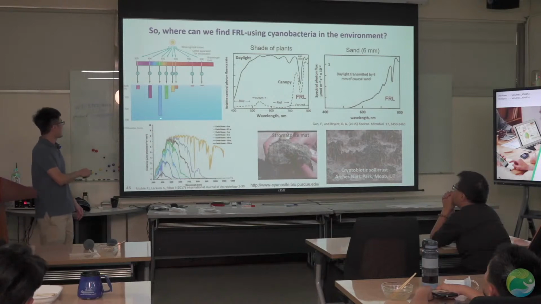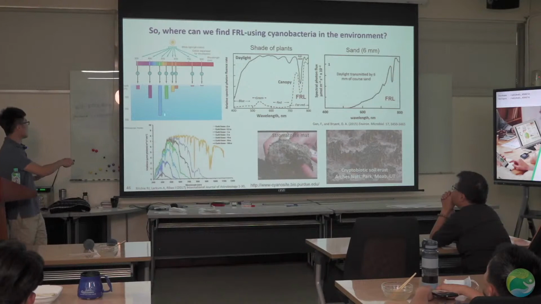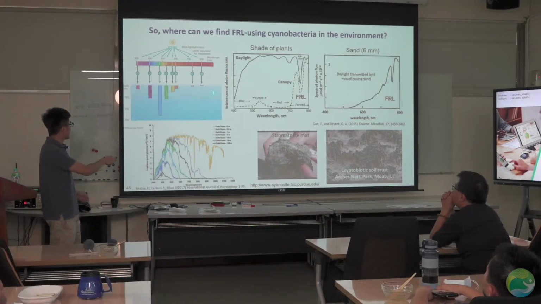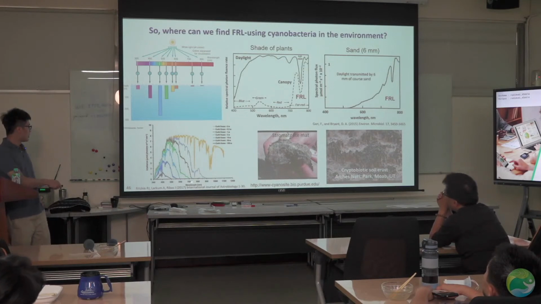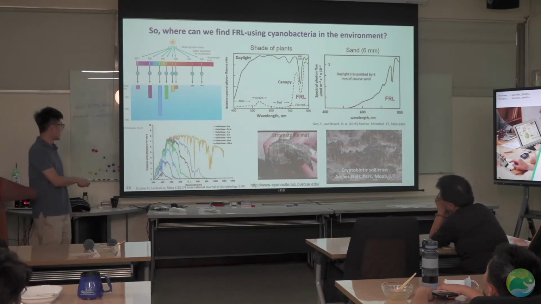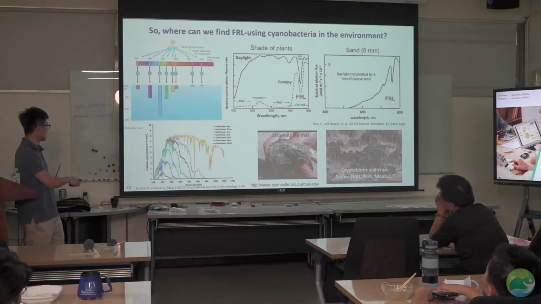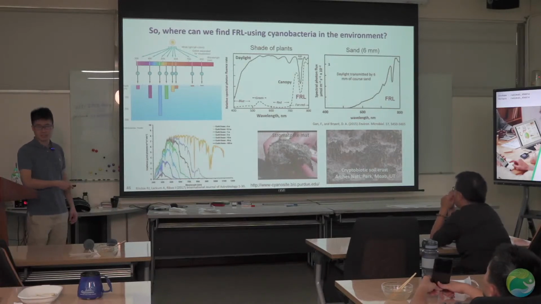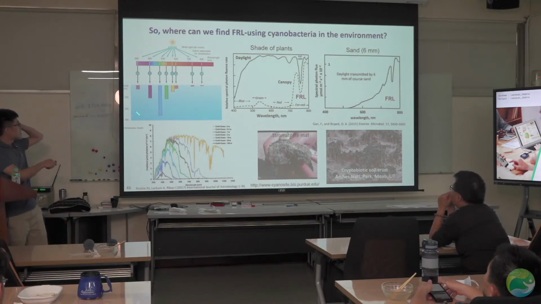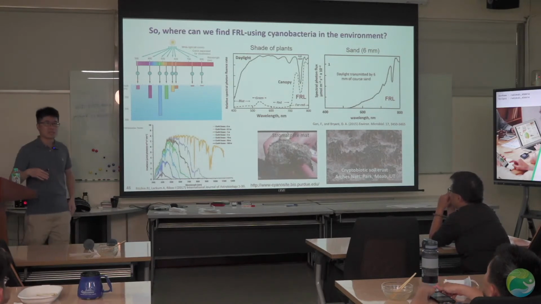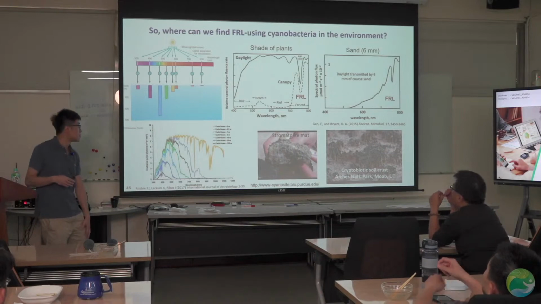You can see the water looks blue, because blue light has the best penetration into water bodies. For far-red light, if you go deeper than around 3 meters in the ocean, you don't see any far-red light there. But you still see blue light, even at 100 meters. So this is another key place where you will find far-red light-using cyanobacteria.